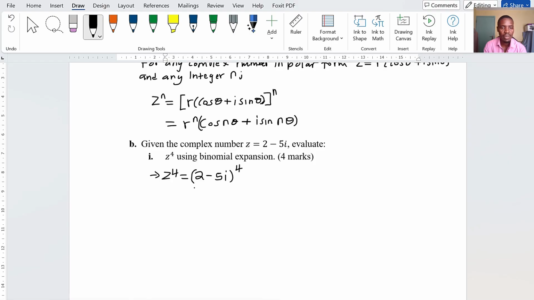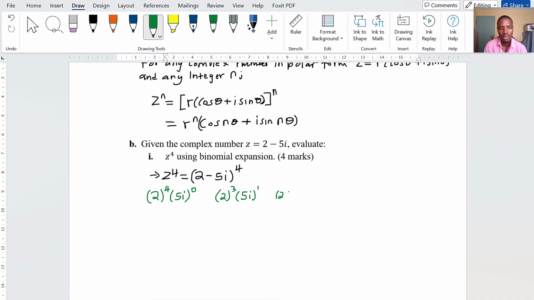Okay, so for expansion, we'll first list our terms. Our terms will be 2, which is the first term, power 4, and the second term is 5I power 0. So you know in binomial expansion, while the first term descends, the second term ascends. So 2 will go to power 3 because it is descending, and 5I will go to power 1.